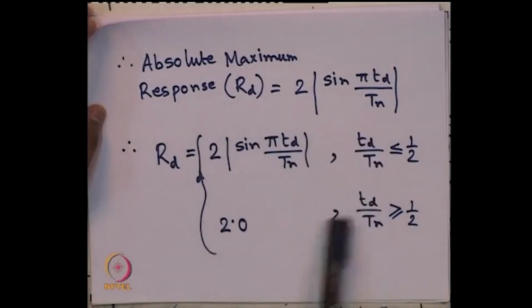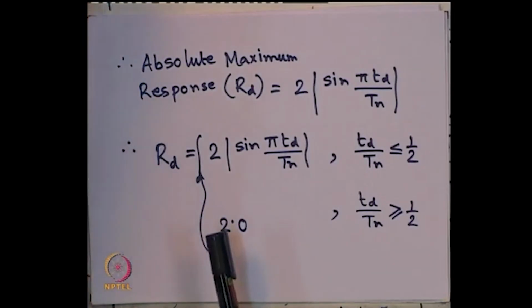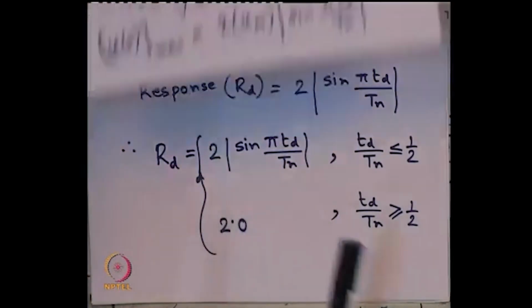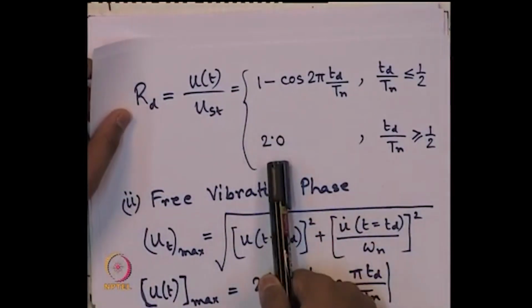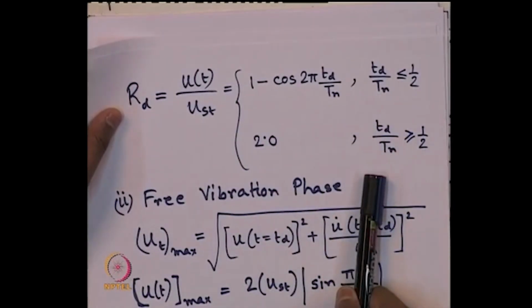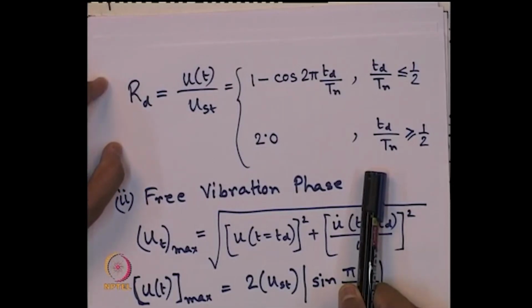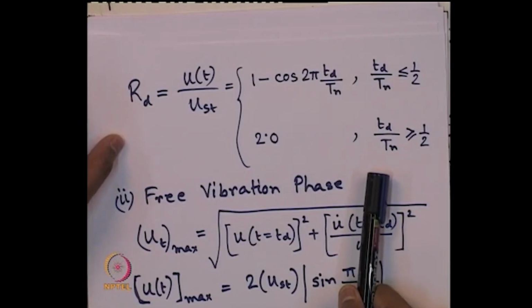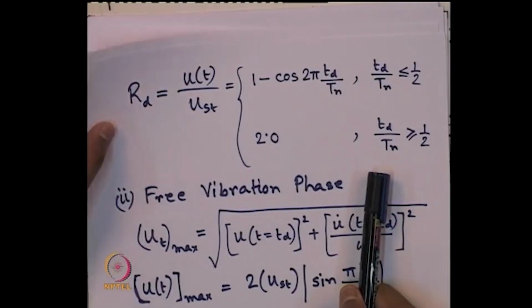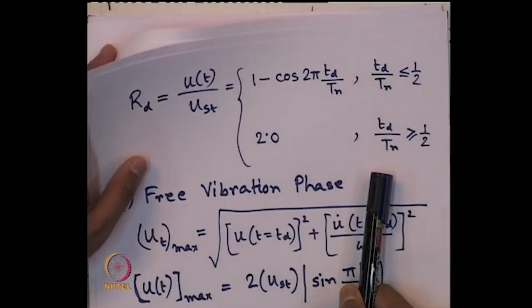So, this is the response in the free vibration zone, and in the forced vibration zone, this was the maximum response. So, everywhere it is a function of Td by Tn, and the Tn concept will come to you only when you are interested in a particular time when you want to study the effect on your structure. As I said, after 1 hour, after 30 minutes, after 10 minutes, like that.